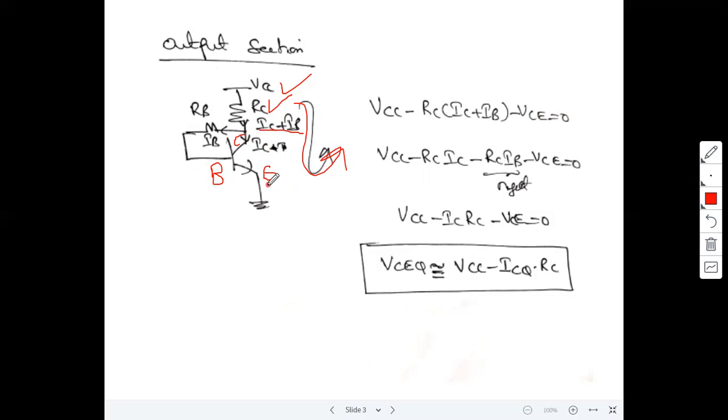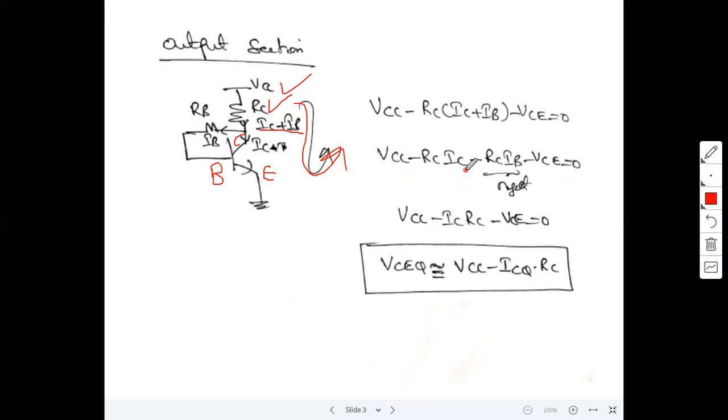Now apply KVL to this loop: VCC minus RC times (IC plus IB) minus VCE is equal to 0. So VCC minus RC into IC minus RC into IB minus VCE is equal to 0.